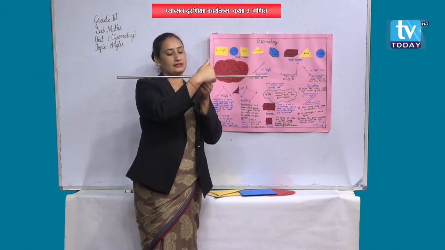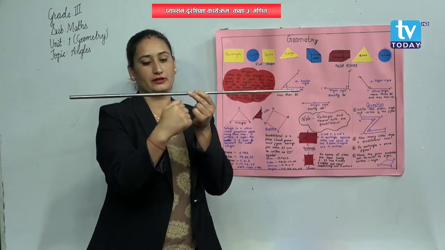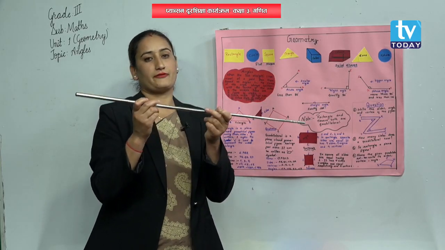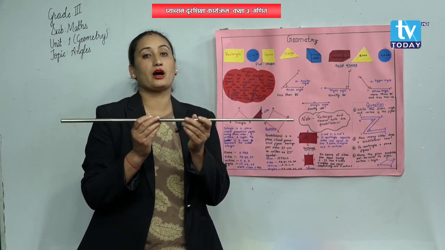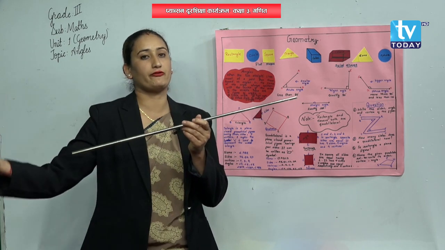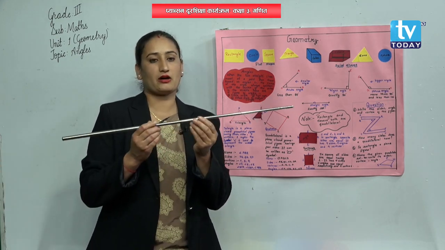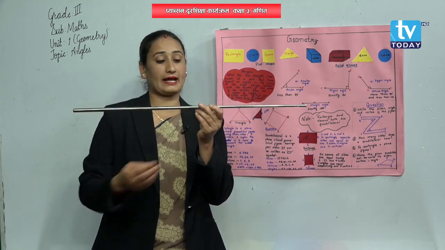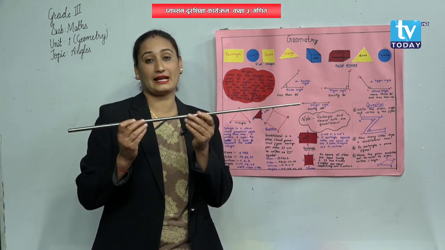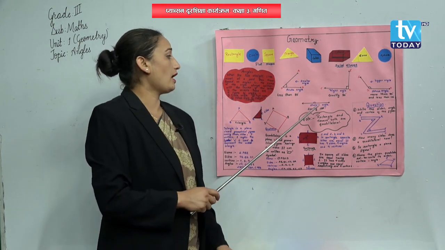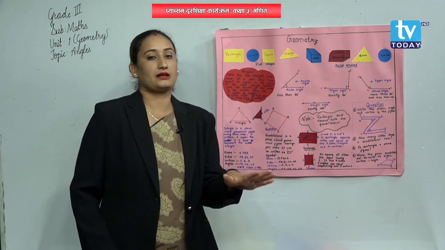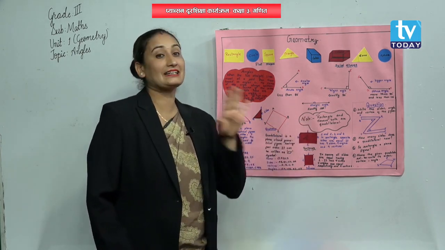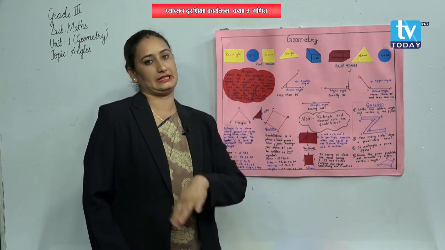A half turn means half an angle is made. If I complete it, if I fold it, then it will be a complete turn. We will learn that in grade 4 and 5. Right now, up to here we are learning that it's called a straight line and it has 180 degrees. Its angle will be exactly 180 degrees. Okay, not more, not less.